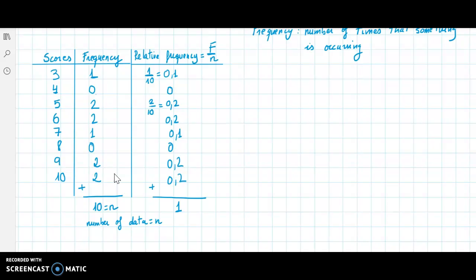So this is everything. I hope you understand the video. I'm going to complete here the frequencies and relative frequencies, in case you don't understand anything. So 1 over 10, 0 over 10, 2 over 10, and 2 over 10.